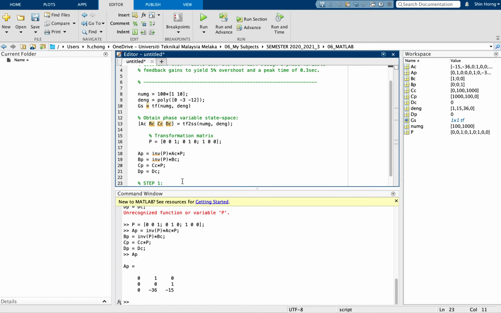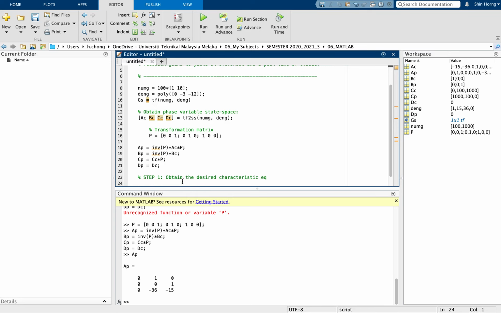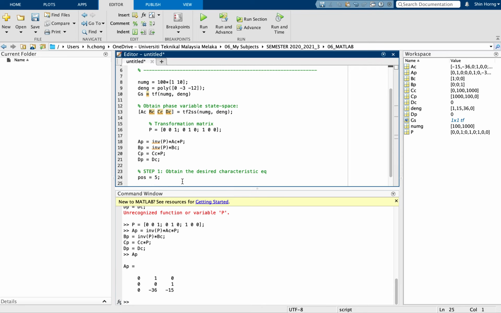I go to step 1, which is to obtain the desired characteristic equation. I know the percent overshoot is 5%, and my peak time is 0.3.